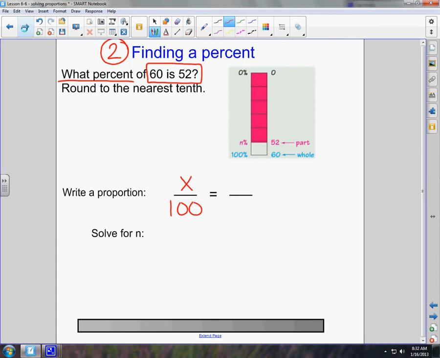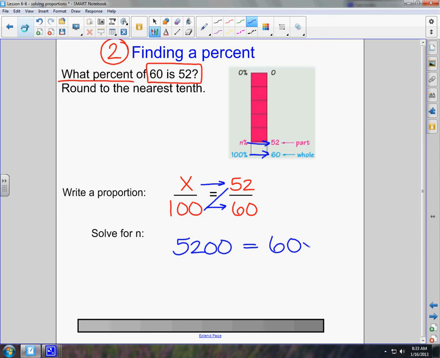Remember, the 100 is always there. 60 is my whole, and 52 is out of 60. I always put the bigger number on the bottom. Just look, 100 goes with 60 and X goes with 52.